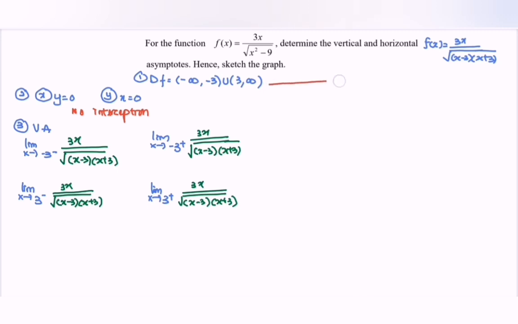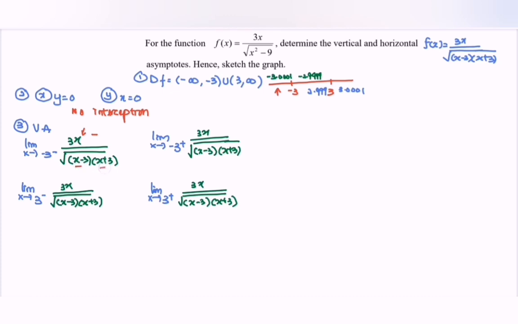Kindly refer to the number line. Here we have negative 3, and here we have 3. Based on the situation, we have negative 3.0001, negative 2.9999, 2.9999, and 3.0001. Next, substitute these numbers into the function. Obviously we will have a negative sign, and for this part we will have a negative, and the same goes to this part.